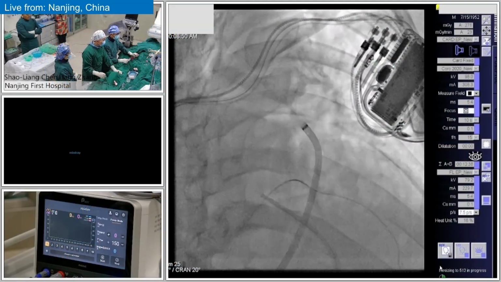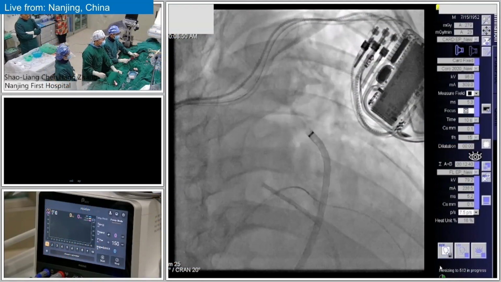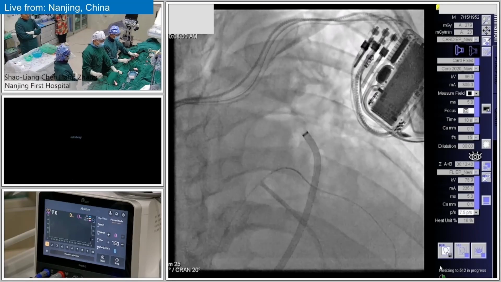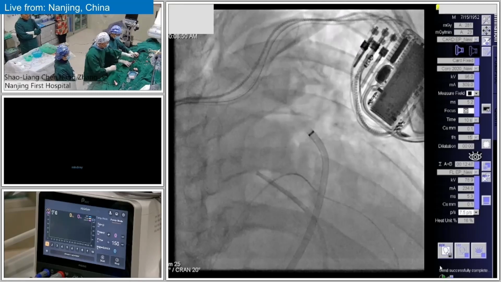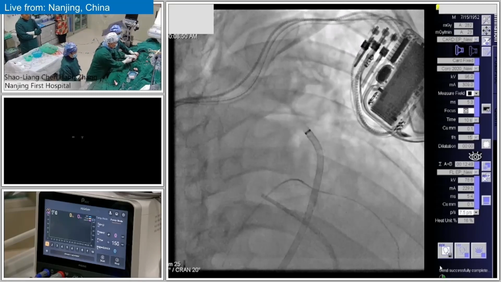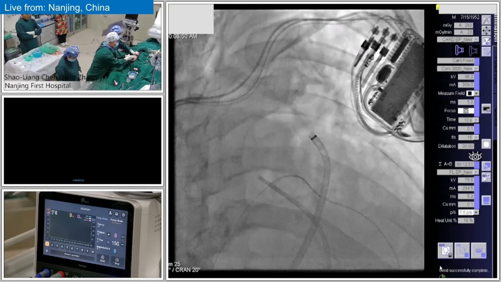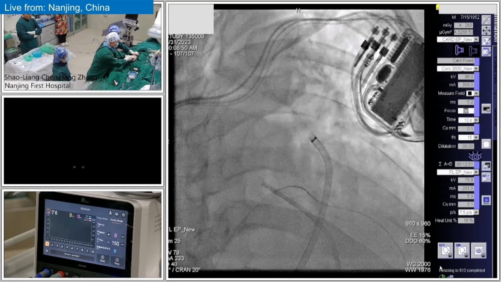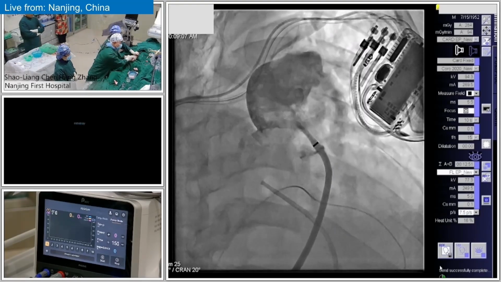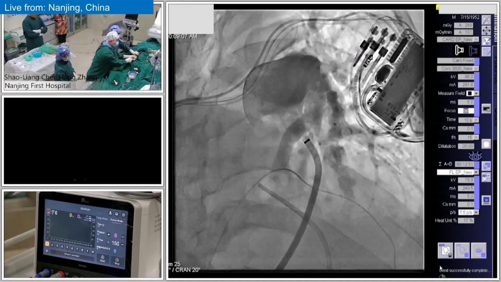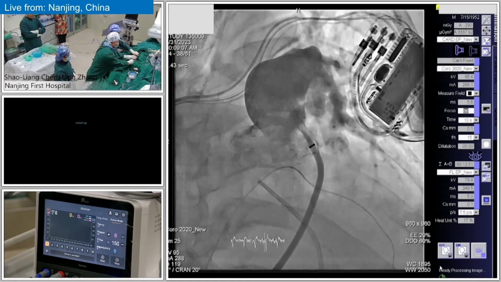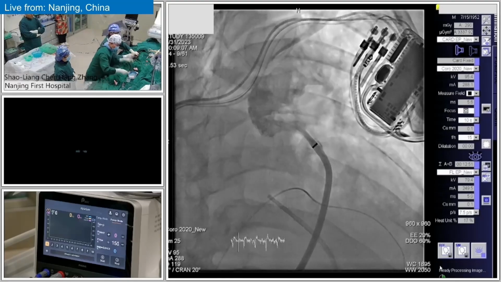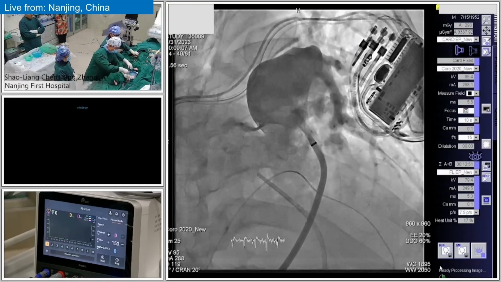So first of all, I introduce my whole team: Dr. Zhang Hang, Dr. Xie Dujiang, Dr. Yu. They are working very hard to measure the pulmonary arterial pressure, PCWP, as well as CO. Because of the extremely large right atrium, it is very difficult to advance the Swan-Ganz catheter into the pulmonary artery.